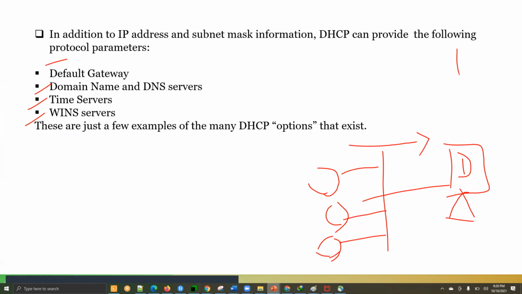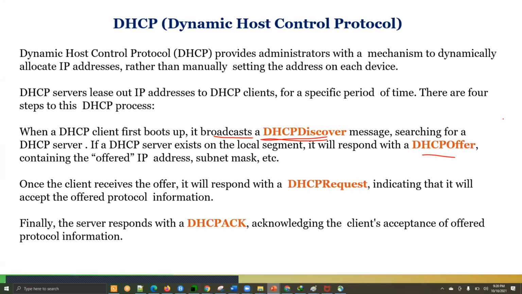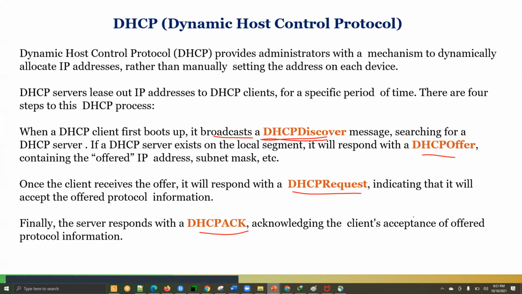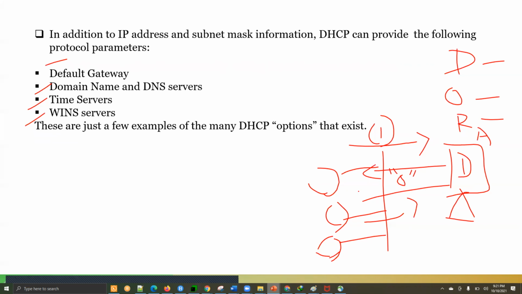So the DORA process, let me write here DORA: discover, offer, request, and acknowledgement. Here you can see discover, offer, DHCP request, and DHCP ACK. The client sends the first packet, the discover, then the server responds with the offered IP. Once the client is okay with the offered IP address and other options from the server, it sends the request: this is my DHCP request, I want this.